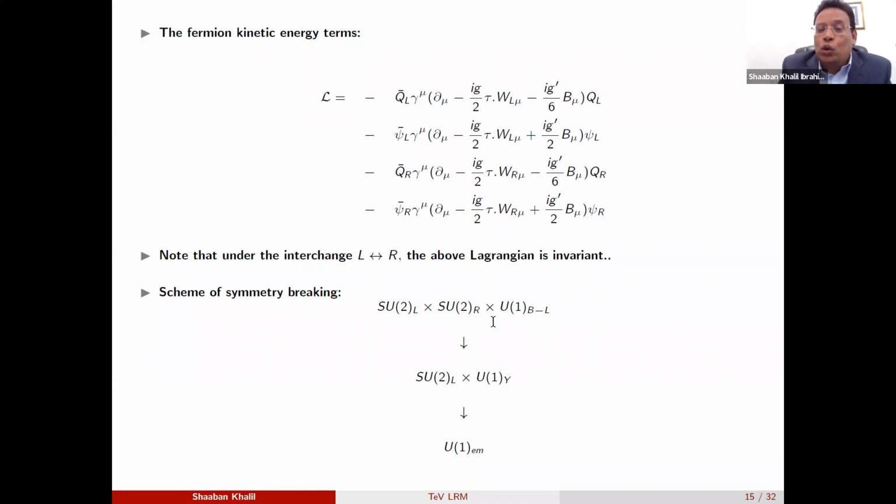Why here SU2 right cross U1 B minus L? Why should I break it with a different Higgs field? Why should I not try, this is SU2 cross U1, similar to the SU2 left cross U1 hypercharge. Why don't I use doublets as well to break this?